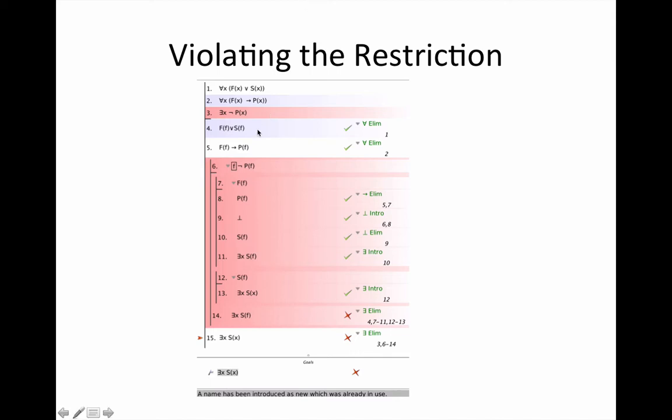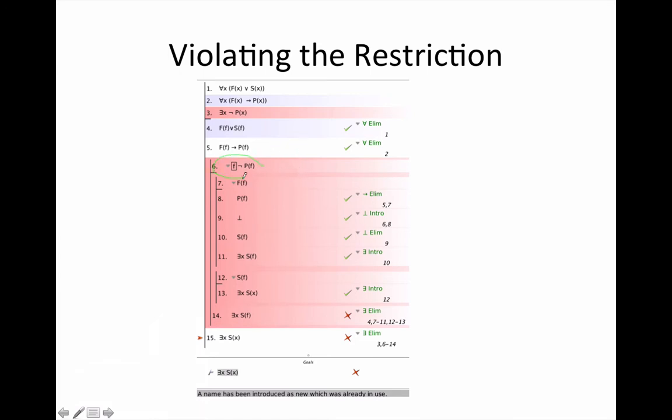But let's think about this in, I guess, more concrete terms. So first, the error that I made started at line 4. I eliminated the universal, which by itself is not an error. I eliminated the universal from line 2 at line 5, which again by itself is not an error. Notice I get 2 check marks. The problem is that at line 6, let me go ahead and highlight this.